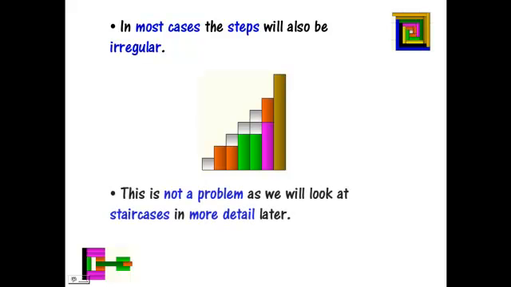Practical implications you might like to suggest to your children as they're working through these things. But this isn't a problem. We look at these staircases in more detail later. So the fact that they may be building irregular staircases is not a problem. We have a strategy we use later on in the program to overcome this problem and to develop their understanding of staircases.